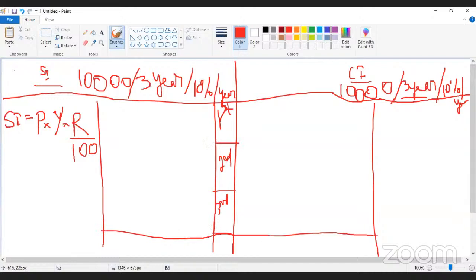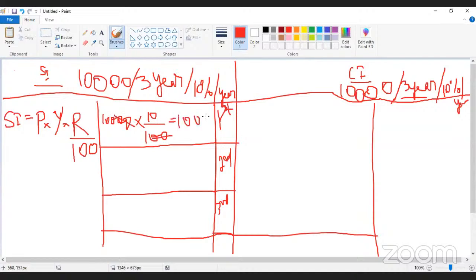In the simple interest, what is the interest earned in the first year alone? 10,000 times 10%. Just only 10%, we'll come to compound later. 10%, that is 1,000. This is simple interest.